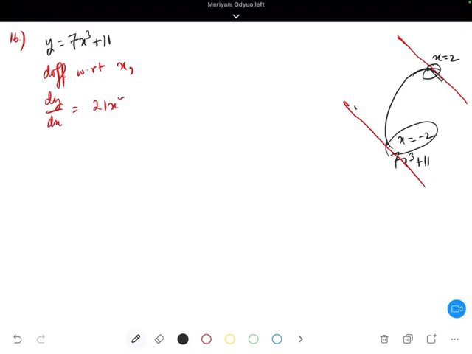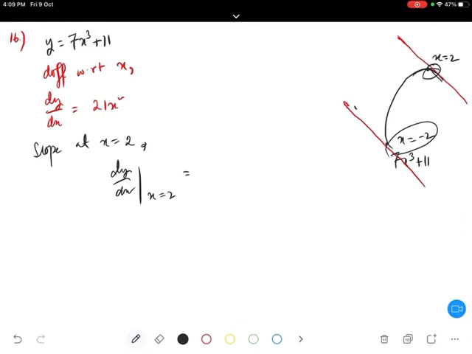Slope at x equal to 2, how much is that? dy dx at x equal to 2 is 21 into 2 square, that is 4 into 21, that is 84, right? And slope at x equal to minus 2, how much is that? dy dx at x equal to minus 2.